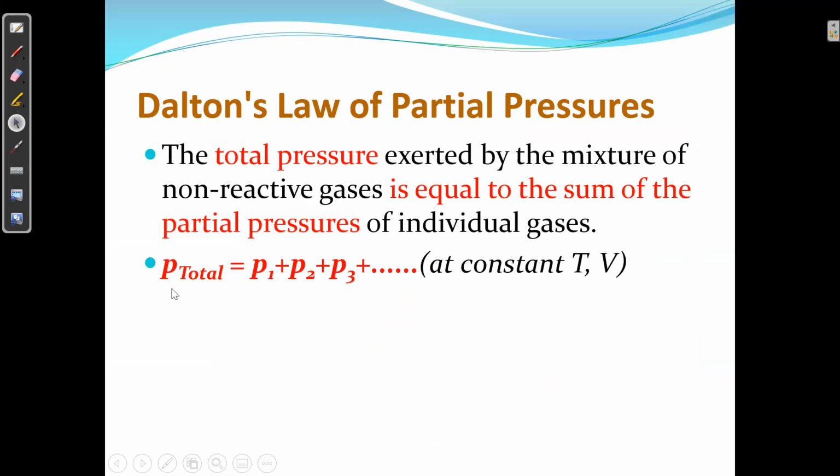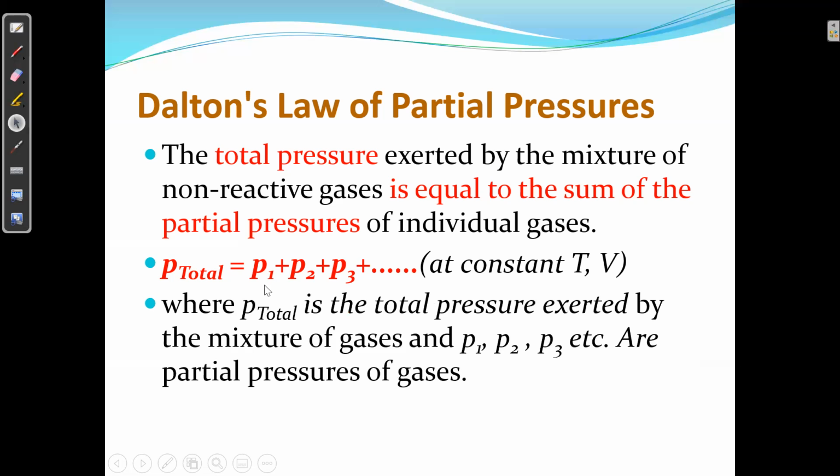Or we can say P total, the total pressure, is equal to P1 plus P2 plus P3, at a given temperature and volume. So which two conditions should be constant? Temperature and volume. And P1, P2, P3 are the partial pressures of gas 1, gas 2, gas 3, the partial pressures of the individual gases. So this is Dalton's law.